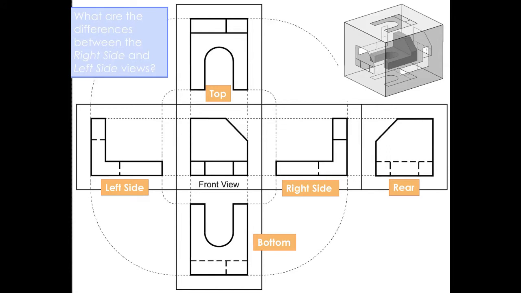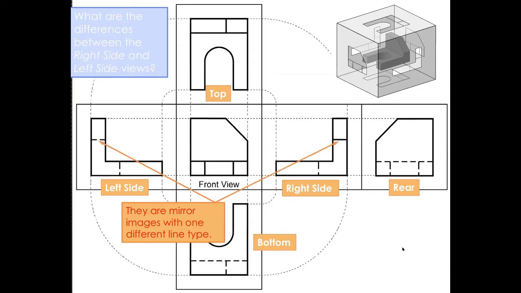If you look at the right side view and the left side view, what's the difference between them? Can you put it in words? The lines are different in what way? Hidden lines. So you got different hidden lines, because you're going to see different structures from different sides. And maybe they're also mirror images of each other, because of the way they're unfolded.